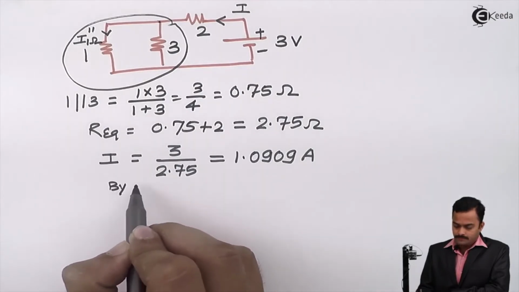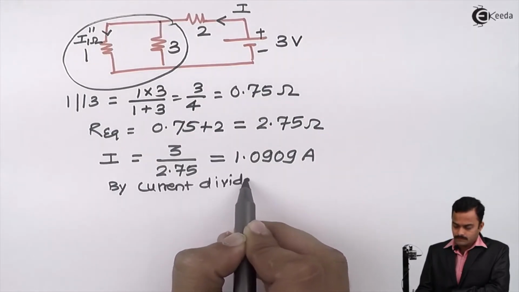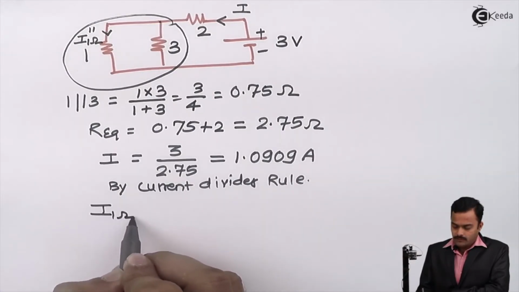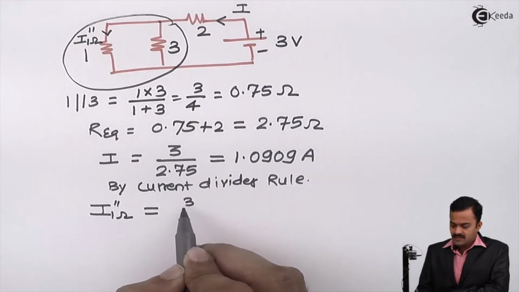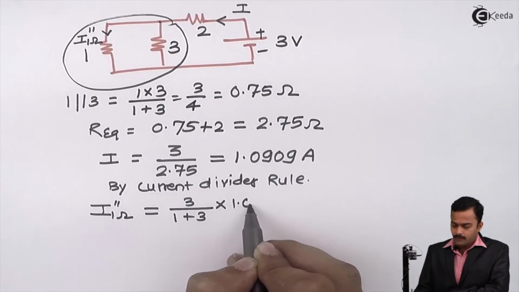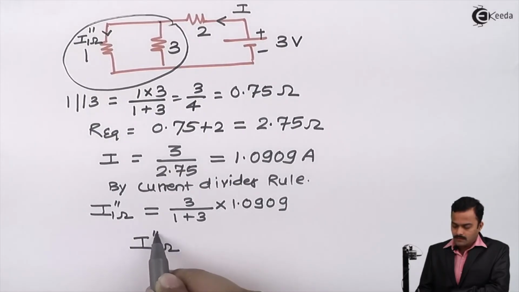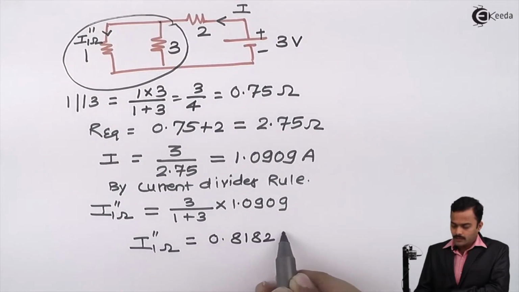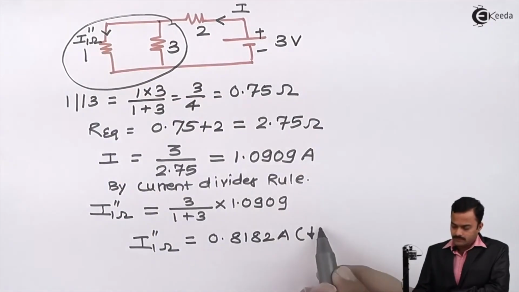So by current divider rule, I can say current flowing through 1 ohm resistance, here I will denote it I 1 ohm double dash, equals 3 divided by 1 plus 3 multiplied by 1.0909, and I am getting an answer 0.8182 ampere. The direction of current is downward.